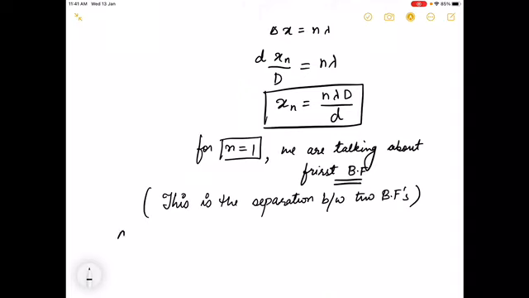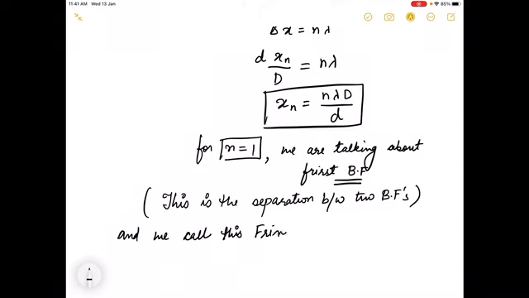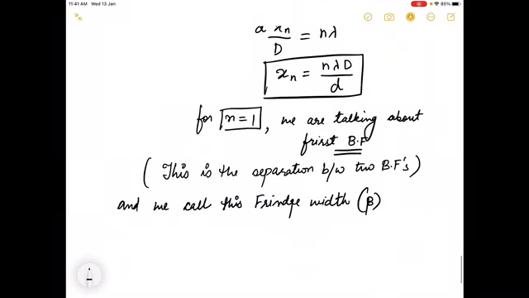And we call this the fringe width. This is what you call your fringe width. It is represented by beta. So the moment I put n equal to 1 in that equation, I will get x1 is equal to lambda D by d.